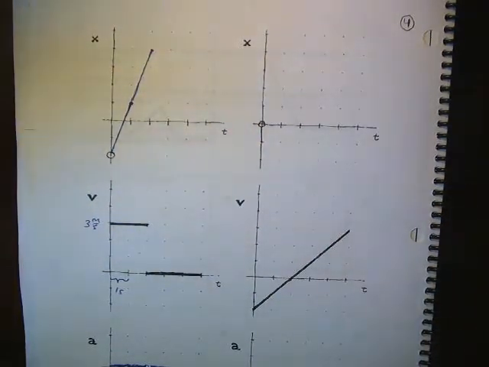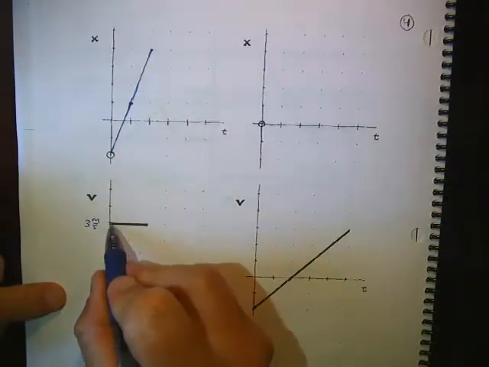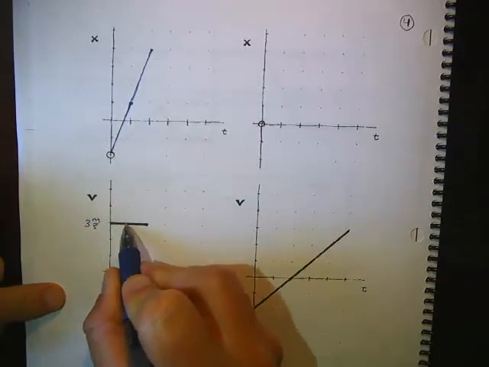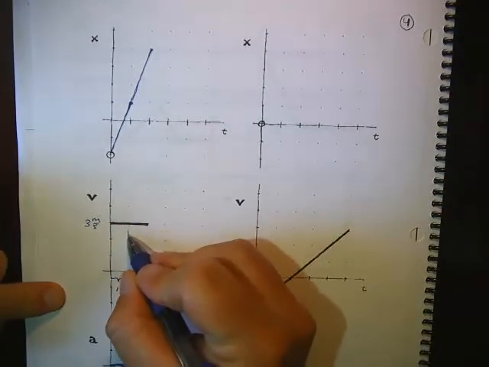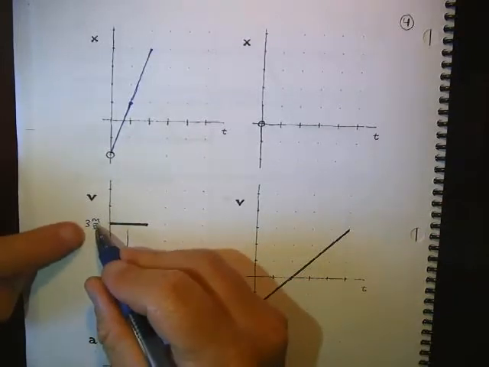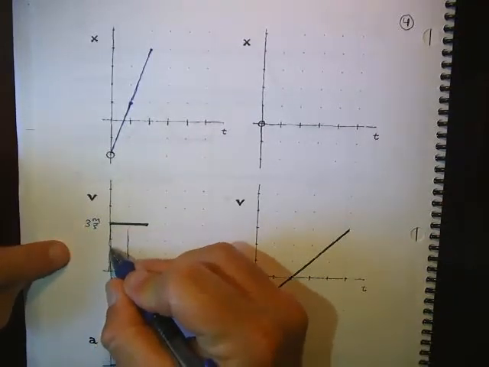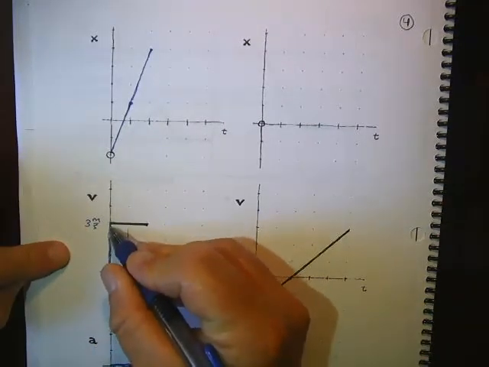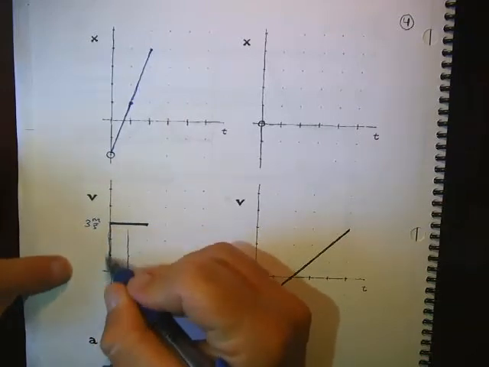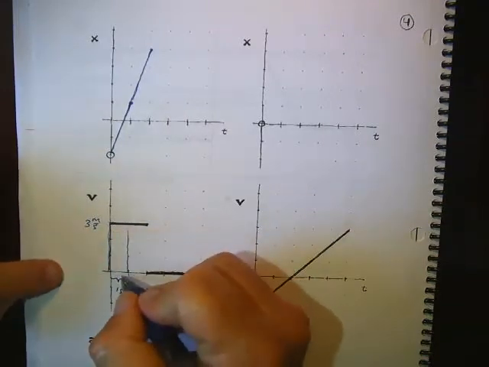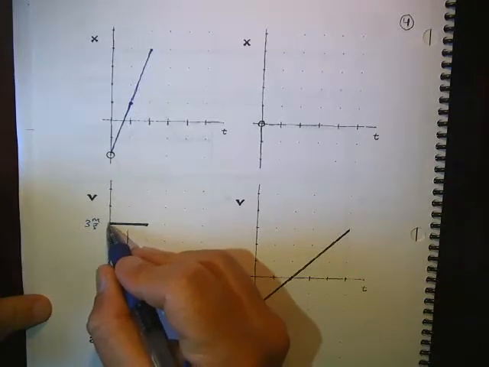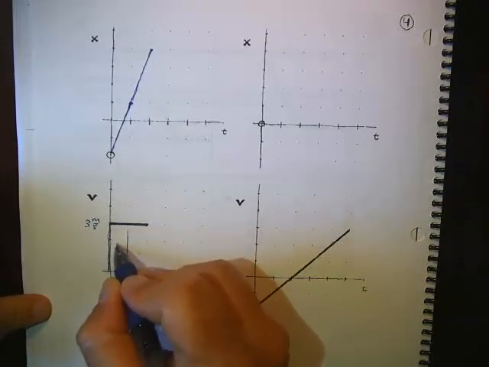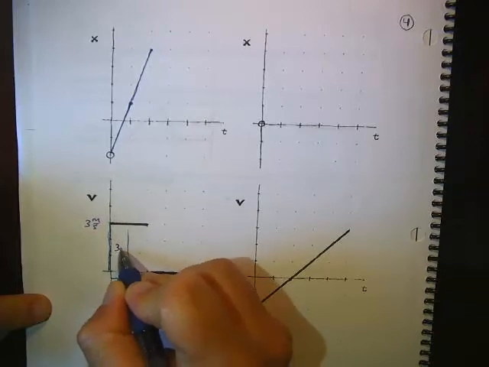A new way to see this, though, is if you notice that we're going 3 meters per second for 1 second. If you multiply this interval, which is 3 meters per second, by 1 second, you actually get the area of this little chunk. So this thing has an area of 3 meters, right?